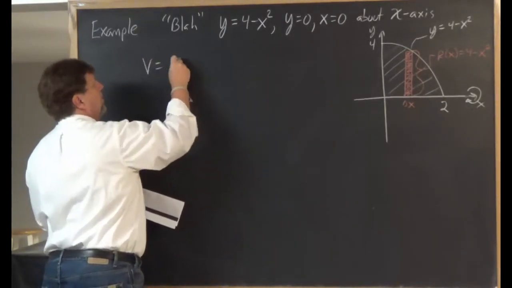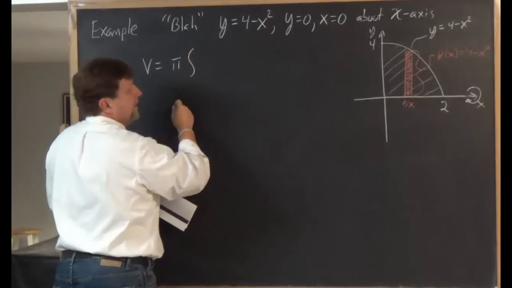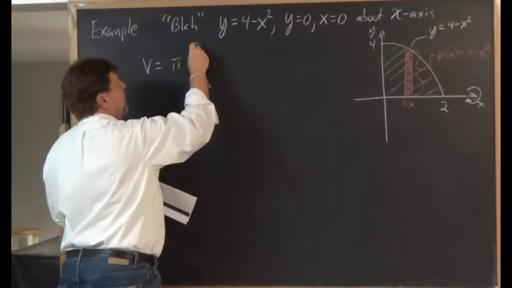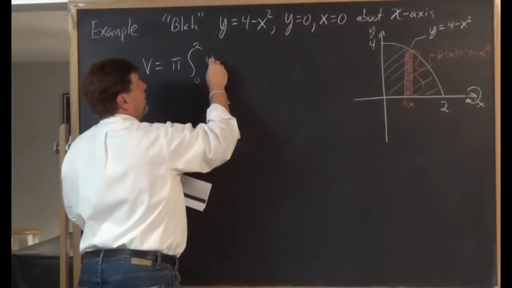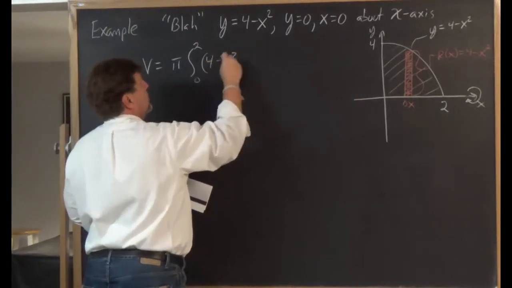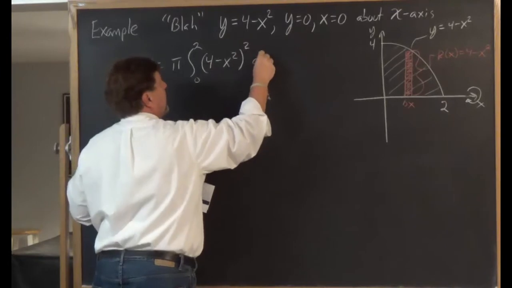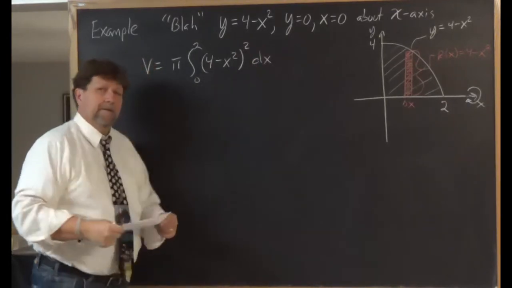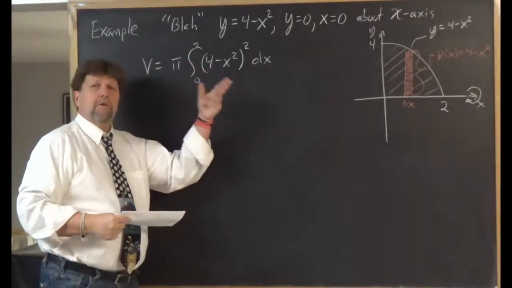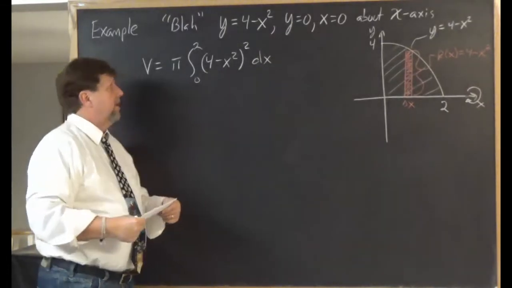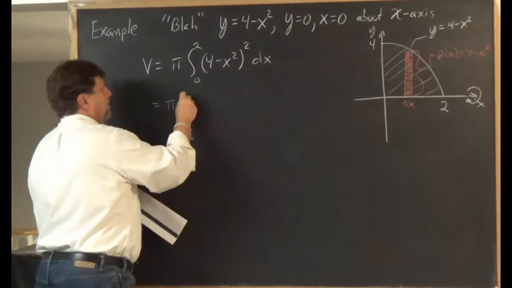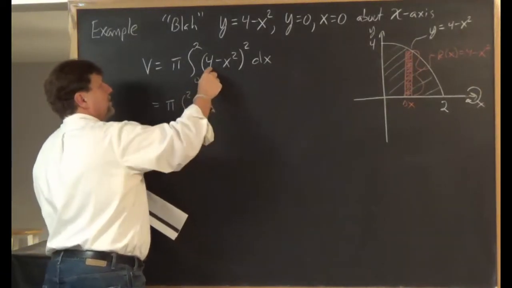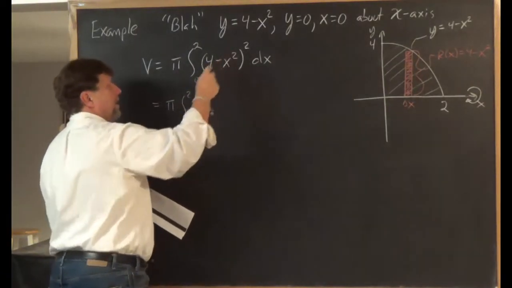The volume equals pi. Limits of integration, 0 to 2. R, big R, is 4 minus x squared, quantity squared, dx. Pi r squared dx. So we got a little bit of work to do here. Let's prep the integrand. So we take 4 minus x squared and square that.